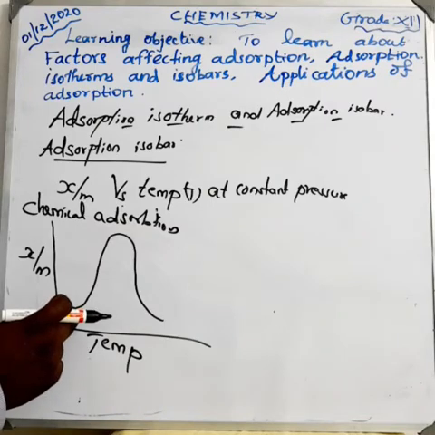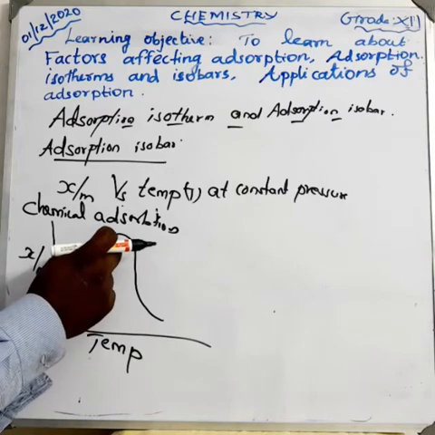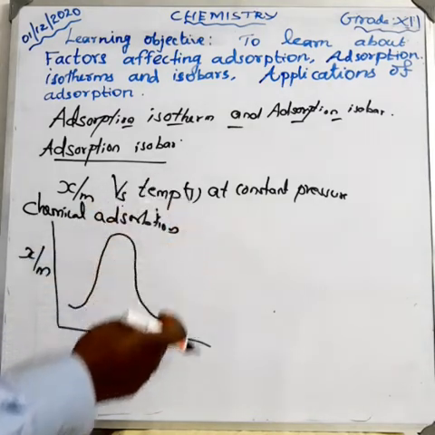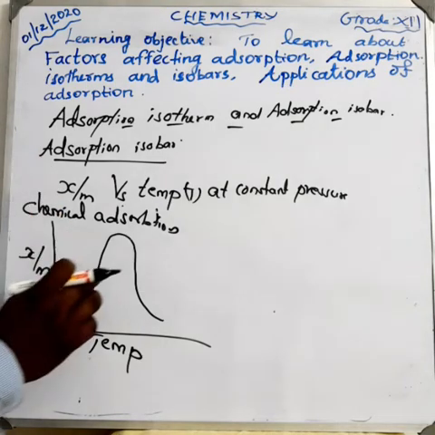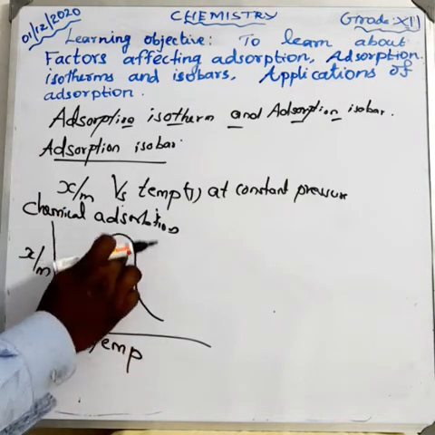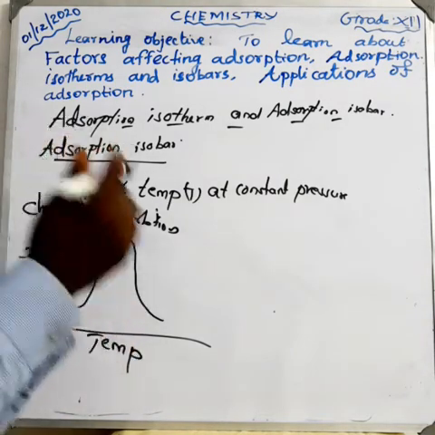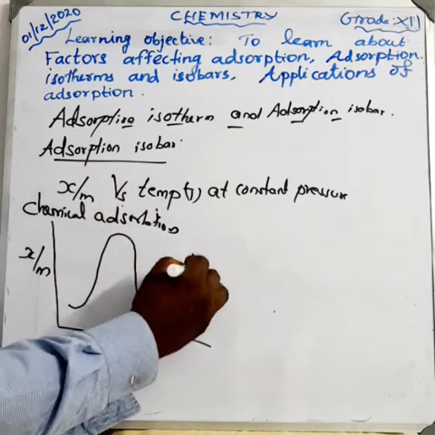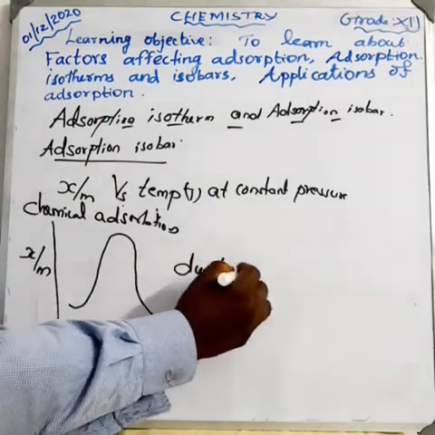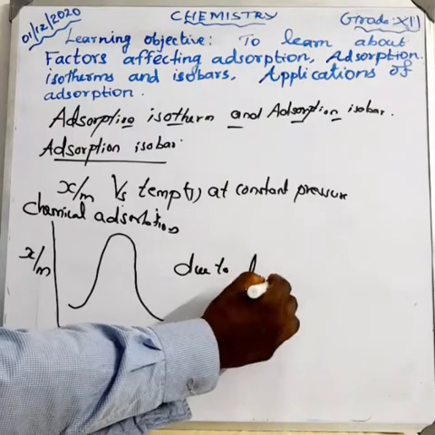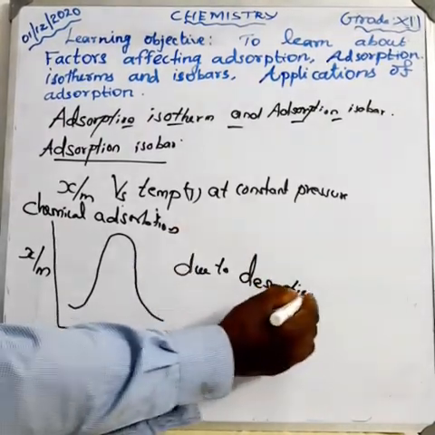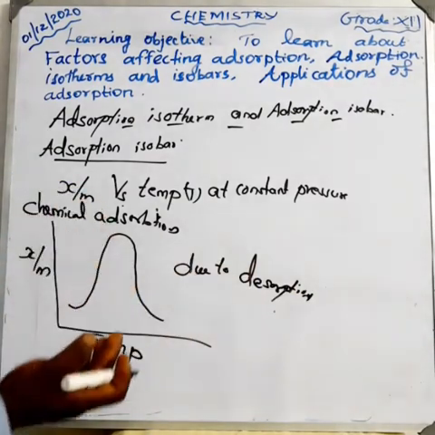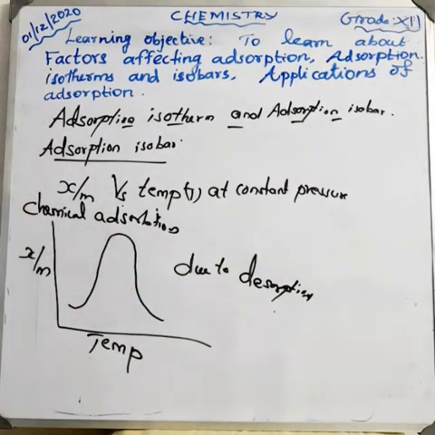Clear? Why is it decreasing at high temperature? Due to desorption. The decrease is due to desorption.